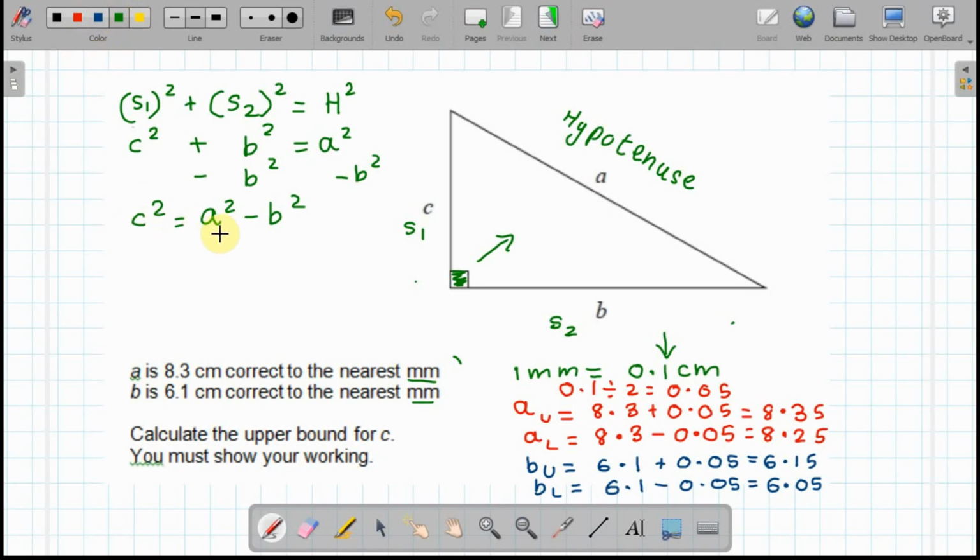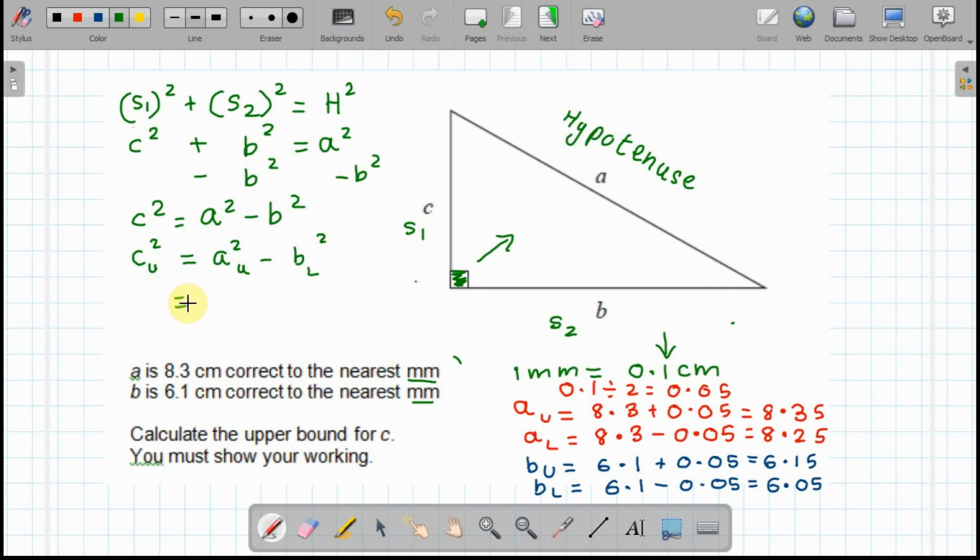Okay, now I have to work out the upper bound for C. In this expression, I'm subtracting. So for subtraction and division, the upper bound will be the largest possible value of C, and that is attained when we subtract from the upper bound of A the lower bound of B. That's going to give us the largest possible value.